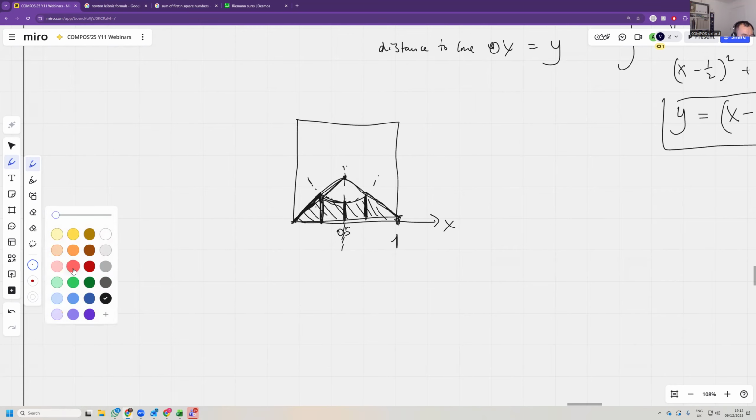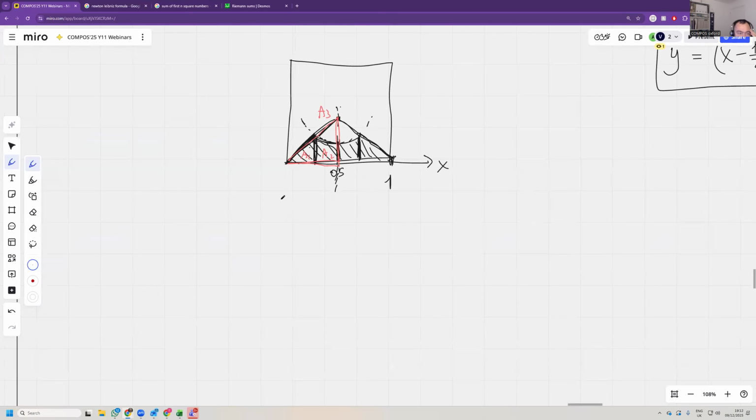Let's label them. This is A1, this is A2, and the whole thing is A3. To do this, we first find this point. x is equal to y, because this line is y equals x.